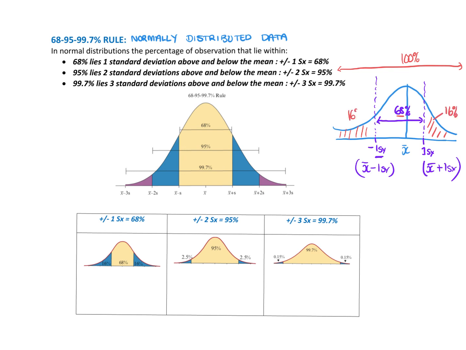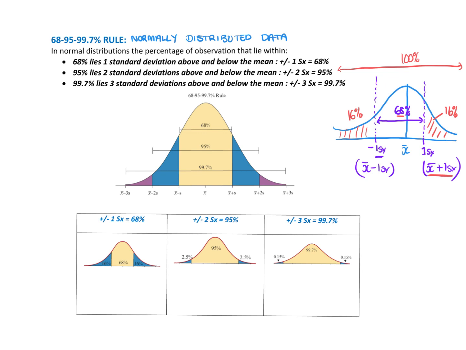So if you have normally distributed data and you go up to the mean plus one standard deviation, only 16% of the data is bigger than that value. Or you could go the other way, the mean minus one standard deviation, and 16% of the data is less than that. This is always the case when the data is normally distributed, the bell shape. So that's what happens when you have one standard deviation.